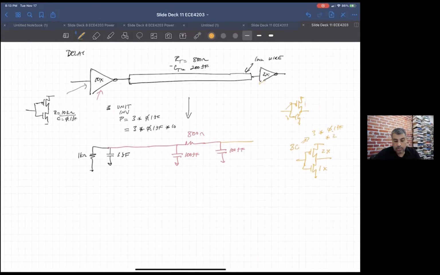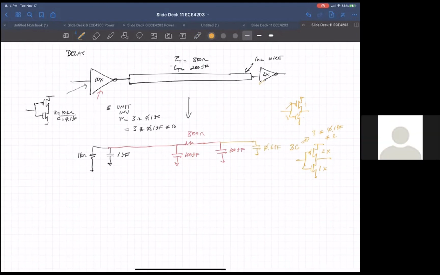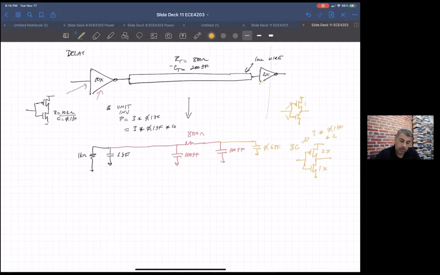So you end up with, what is that, 0.6? Oh, okay, that makes sense. 0.6 femto. We don't care about the resistance because it's the output, and we're only looking at the gate, right? That's right. When you're looking at the delay, you're only looking up to here, from here to here. You want to see the delay getting to this gate. Got it.